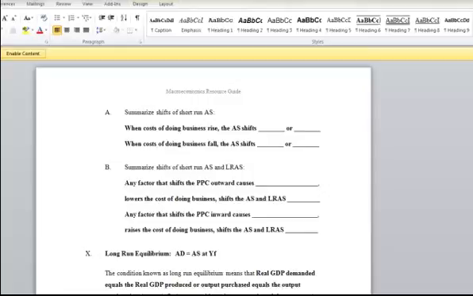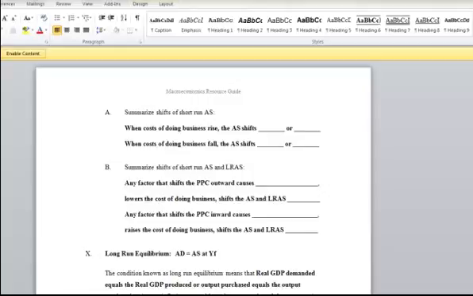It lowers the cost of doing business, shifts them both right. Any factor that shifts the PPC inward causes us to be able to produce less output. It raises the cost of doing business, and it shifts the AS and LRAS inward.